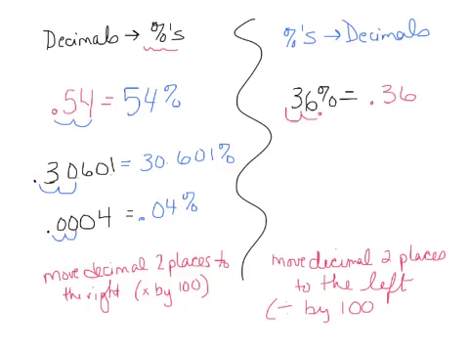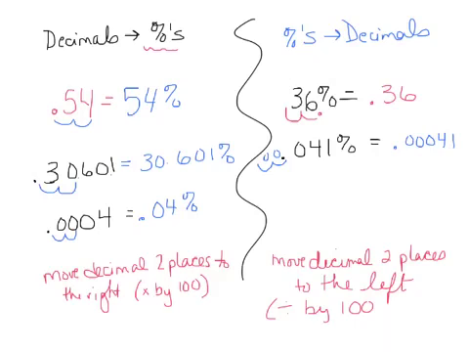The next thing, if this was 0.041%, I would begin with the decimal here, move it 2 places to the left, fill in those places with zeros, and it becomes 0.00041.